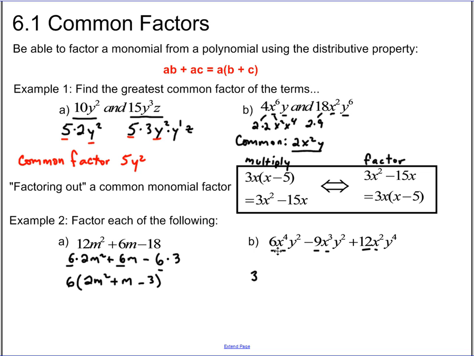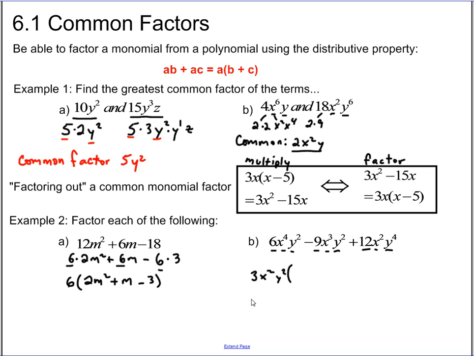Well, the first two terms each contain a factor of x squared. x squared times x squared gives us x to the fourth, and x squared times x gives us x cubed. So x squared must be part of our common factor. And finally, y squared and y to the fourth all share y squared as a common factor. So y squared has to be part of that common factor.